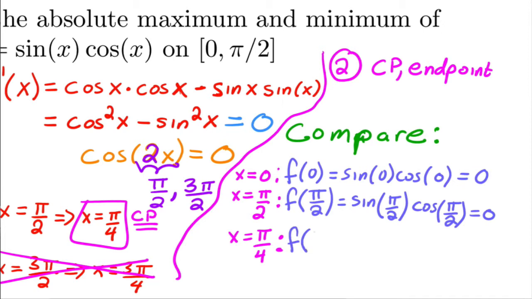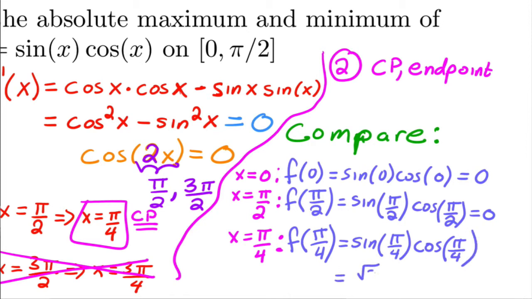And last but not least, I plug in pi over 4, and I get sine of pi over 4 times cosine of pi over 4. And each one of these is exactly the same. This is simply root 2 over 2 times root 2 over 2, which is equal to 2 over 4, or 1/2.